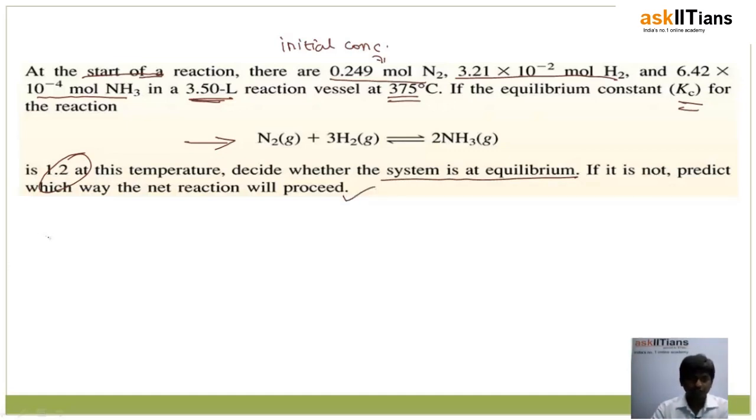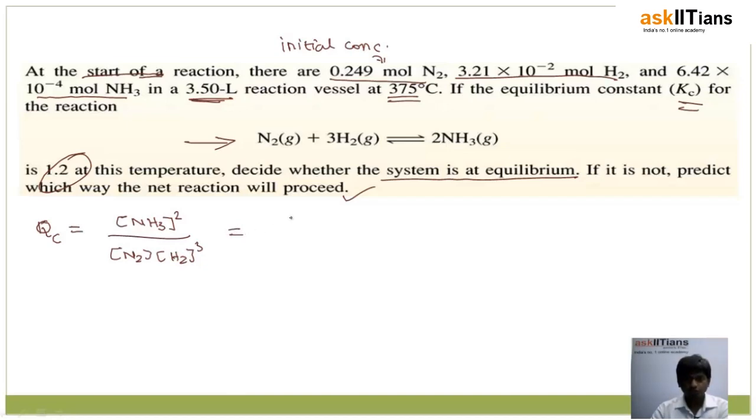Fine, so let us first write down the expression for Qc, or the reaction quotient, and find it. Reaction quotient is nothing but concentration of ammonia squared divided by concentration of nitrogen into concentration of hydrogen whole cube, that's all. So what is it?